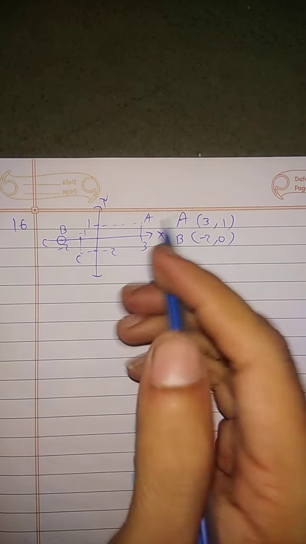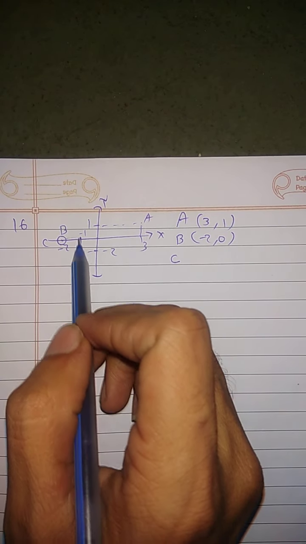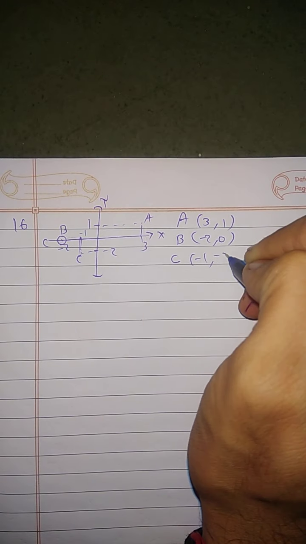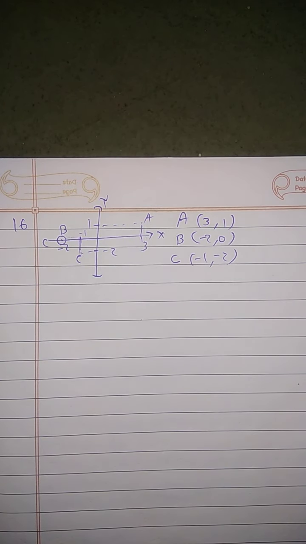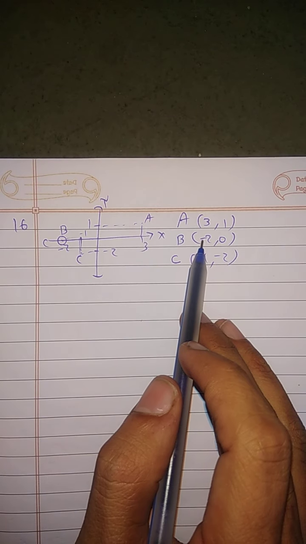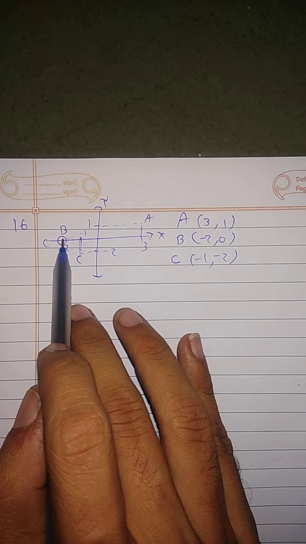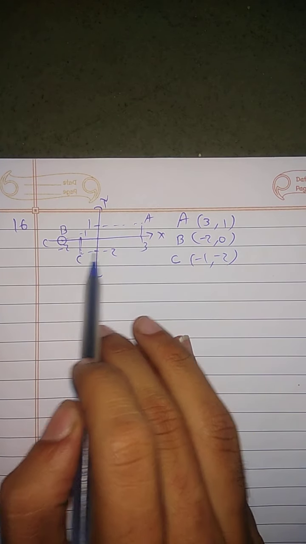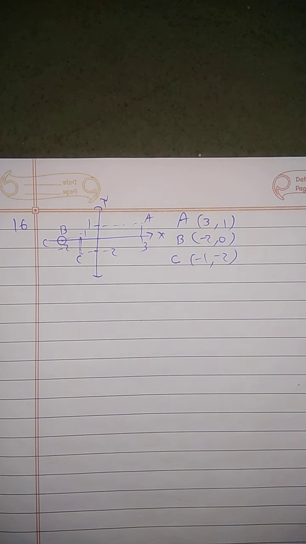Then point C, on the x-axis minus 1 and on the y-axis minus 2. So these are the coordinates of points A, B and C.